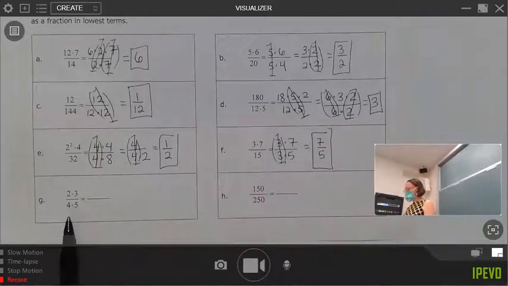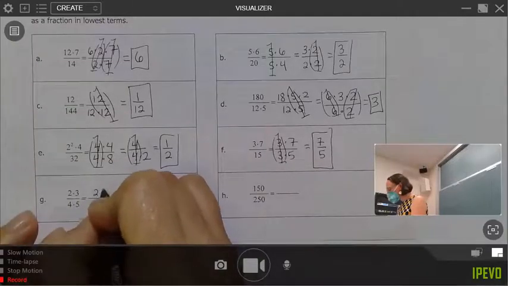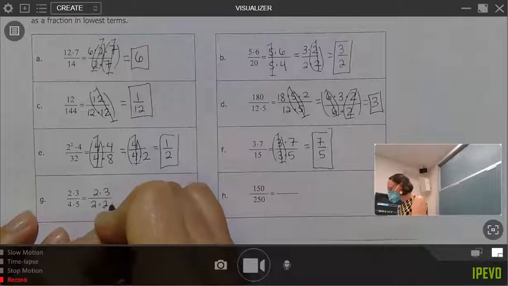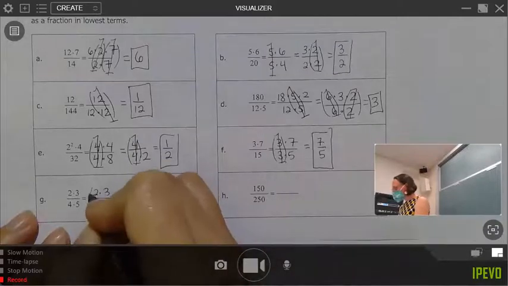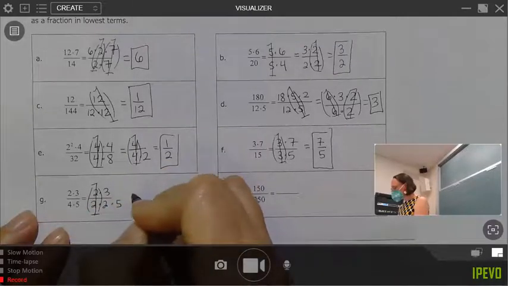Looking at G, there's not a ton I can do with this. That 4 is the only piece that hasn't been factored. So I can rewrite that as 2 times 3 and 2 times 2 times 5. So the 2 over 2 becomes a 1.